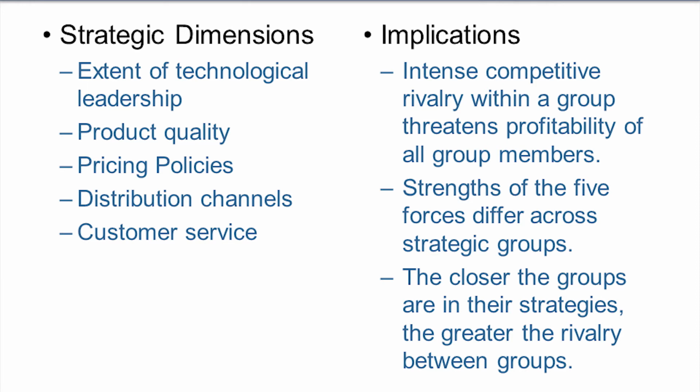For example, the competition between Samsung and Apple is much greater than between Apple and Google. And the strategic competition can be measured by the extent of technological leadership, product quality, price, distribution channels, and customer service. Also, managers may understand the implications by the analysis.